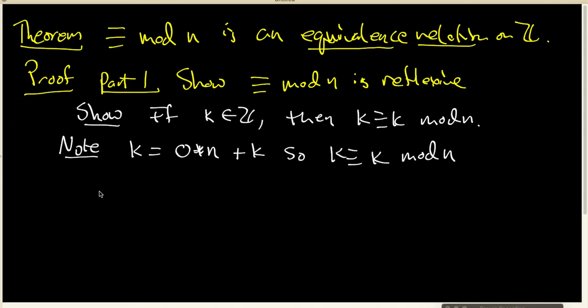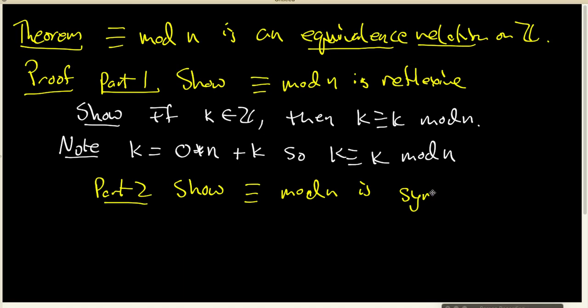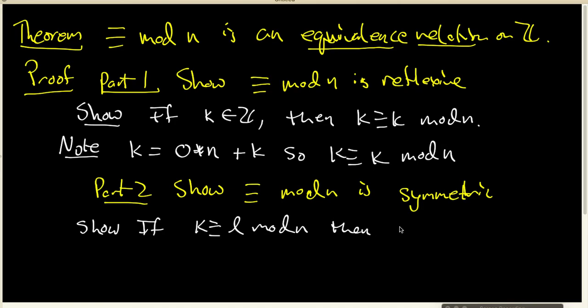Part two of our proof is that we need to show that congruency modulo n is symmetric. And in order to do that, we have to show that if k is congruent to L mod n, then L is congruent to k mod n.